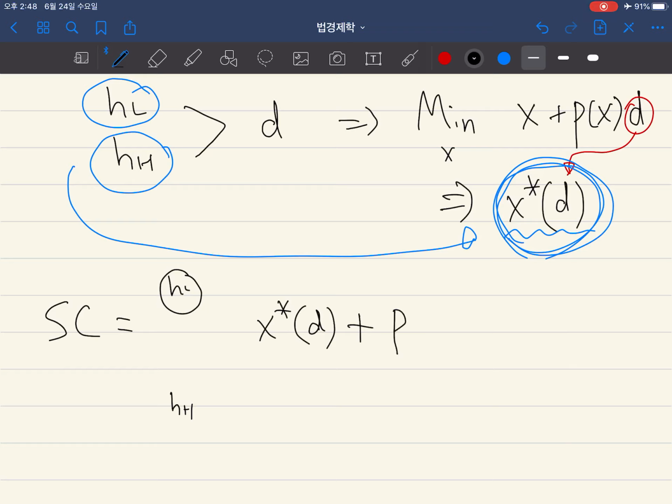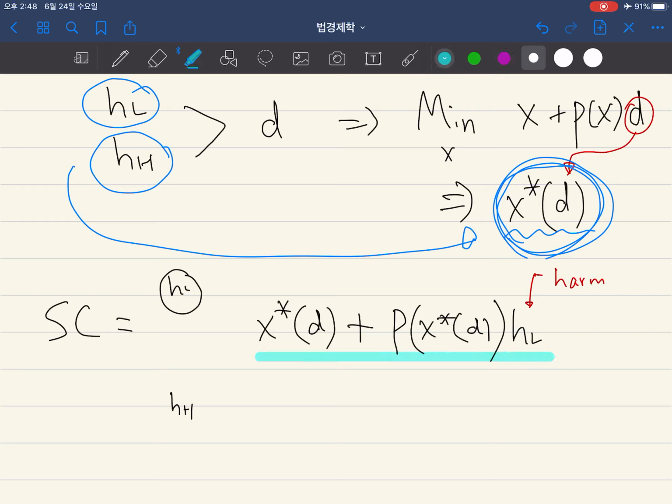So an accident occurs with probability p(x), and if an accident occurs, there is a harm on the plaintiff. So here this HL represents harm. So this blue expression represents social cost when harm is small. First part is care cost and second part is accident cost.